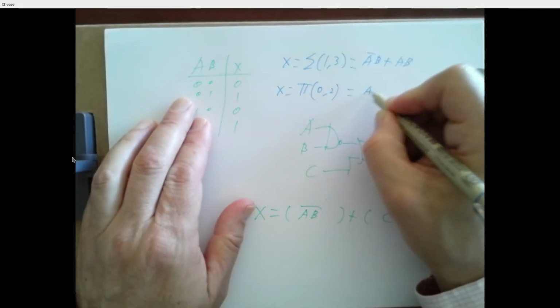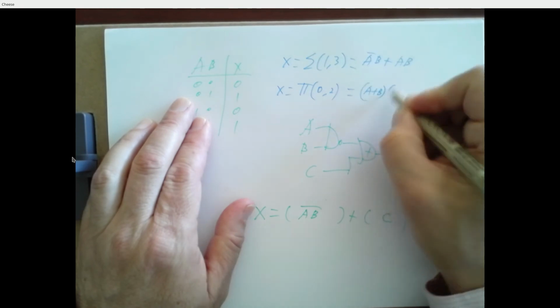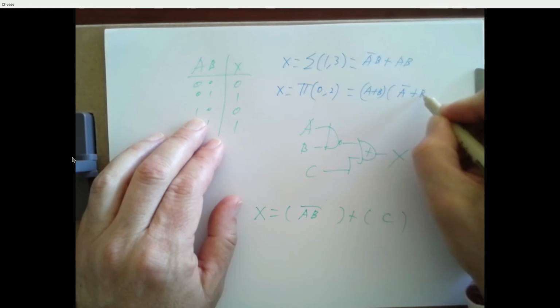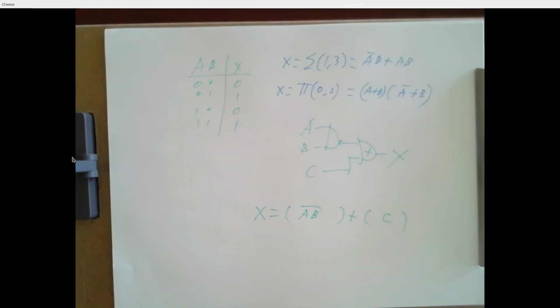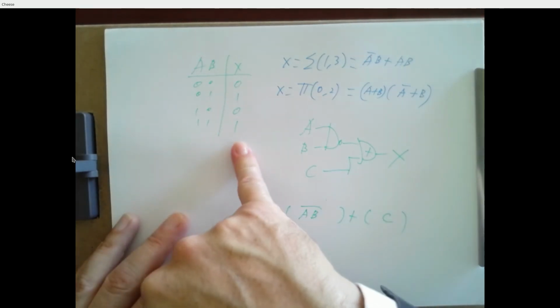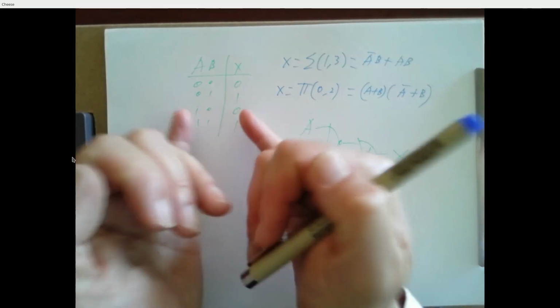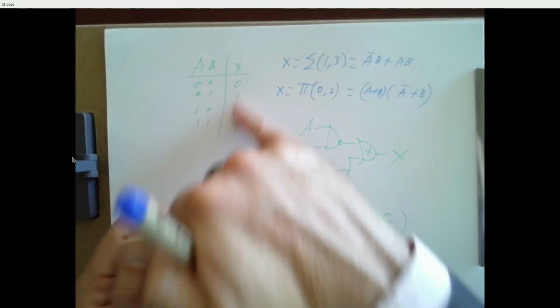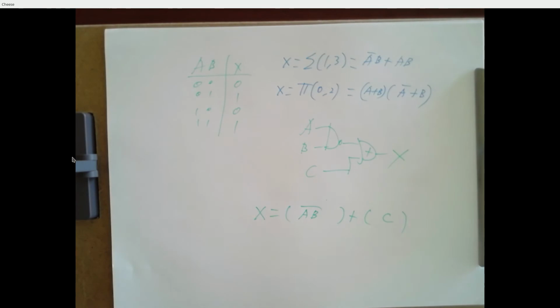So this is A or B, and max term 2 is A bar or B. But don't do this thing that I saw on some homeworks where you start negating this to do a different representation. This is the truth table we're trying to represent. Right, so X should be exactly one of those.